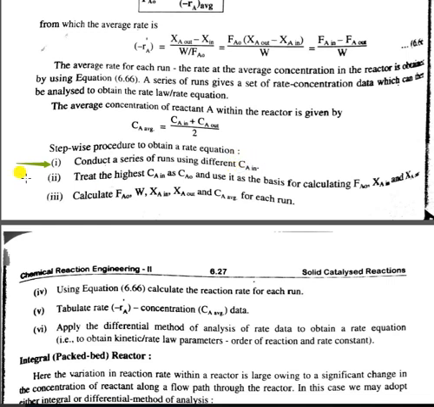Then treat the highest CA in as CA0 and use it in the basis of calculation, like FA0, XA in and XA out. Third, evaluate FA0, W, XA in, XA out and CA average from each run.